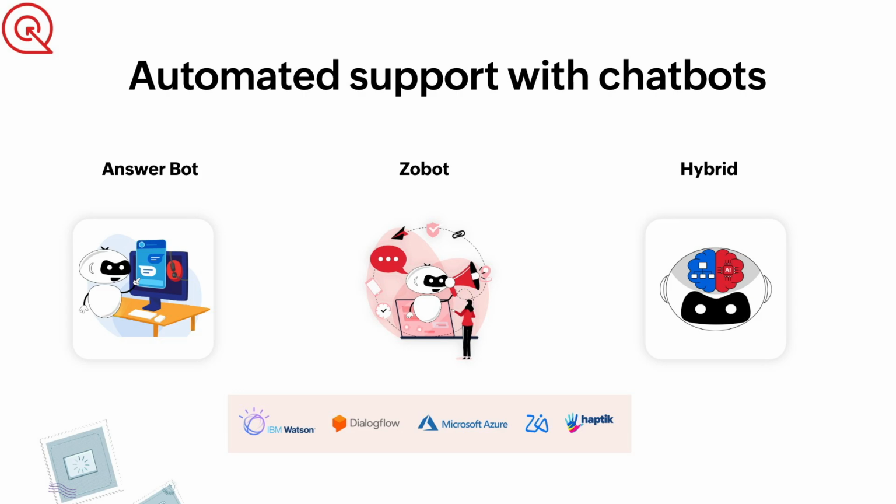Basically, you can drag and drop different responses that you want to have happen based off the visitor's behavior, or you can set up specific AI tools to integrate with this. So we integrate with Watson, we integrate with Microsoft Azure, and then we also use Zia, which is Zoho's artificial intelligence, so that people can engage with the Zobot in real time. And then if you want to mix these two together, you can make a hybrid chatbot.